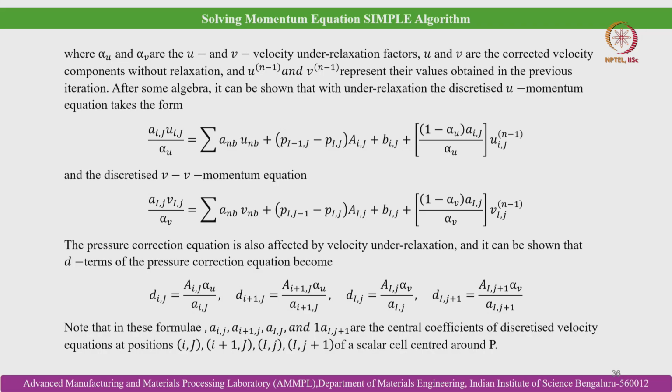And then after some algebra, it can be shown that with under relaxation, the discretized u momentum equation takes the following form, that is a I j u I j divided by alpha u, which is the under relaxation factor, is equal to summation of a n b u n b plus small p I minus 1 capital J minus small p capital I capital J multiplied by A small I capital J plus b small I capital J, plus 1 minus alpha u, again the under relaxation factor, a I j divided by alpha u multiplied by u I j to the power n minus 1.